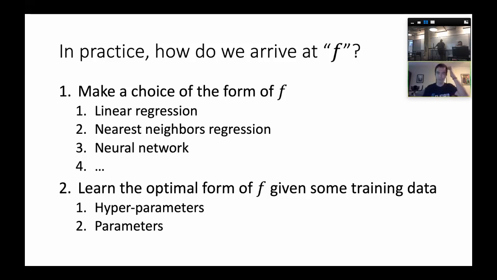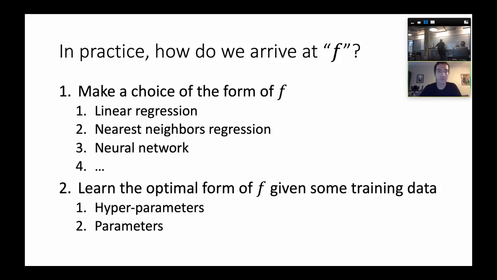Okay, so I said that solving a regression problem has to do with finding this f. In practice, how do we actually come to finding f? These are finer points on the same two sub-steps that I mentioned previously. You first have to make a choice of the form of f, and there are lots of choices available. Linear regression is one of them, and nearest neighbors regression.